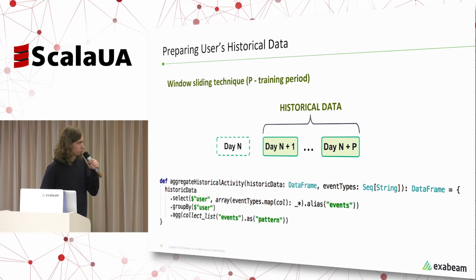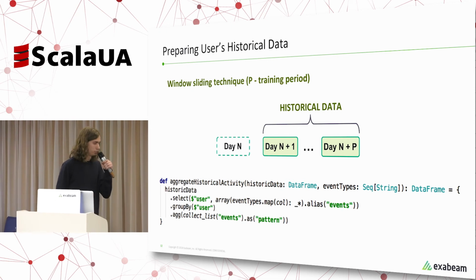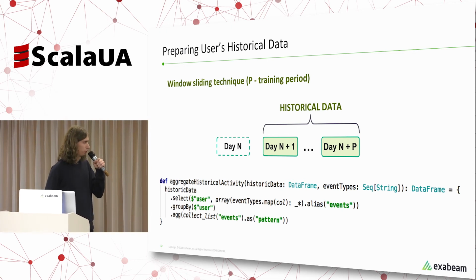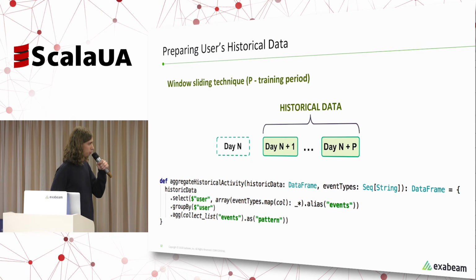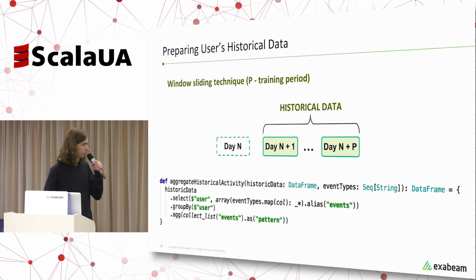So we can process only the current day and save it, so we might use it for the next processing. And having all of our historic data, we simply combine it into a two-dimensional array.